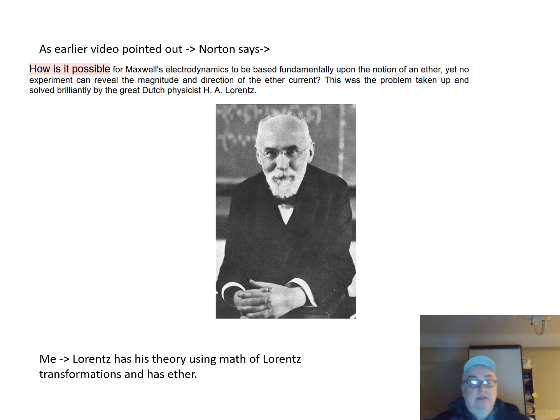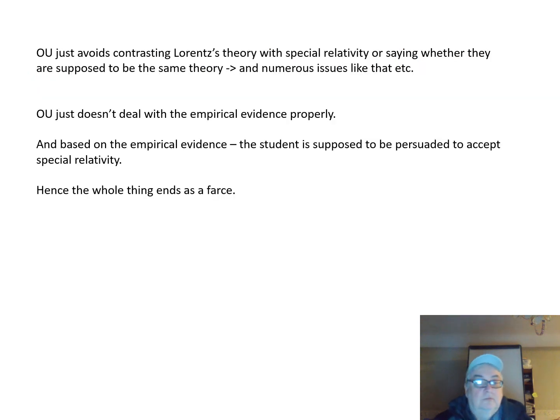So Lorentz has an ether theory, and he is using the same sort of mathematics as Einstein, in the sense that both Einstein and Lorentz are using the Lorentz transformations, and in Lorentz's theory you have an ether. So what Open University does is it just avoids contrasting Lorentz's theory with special relativity, or saying whether they are supposed to be the same theory, and numerous other issues like that.